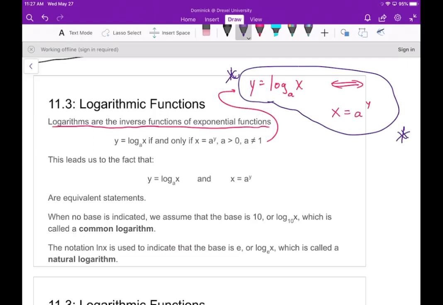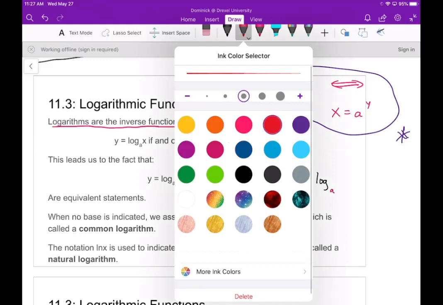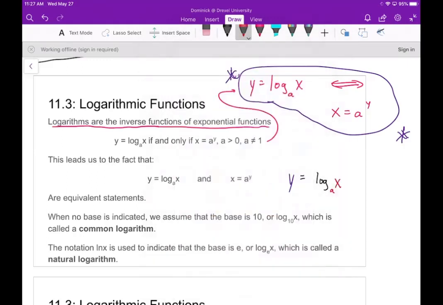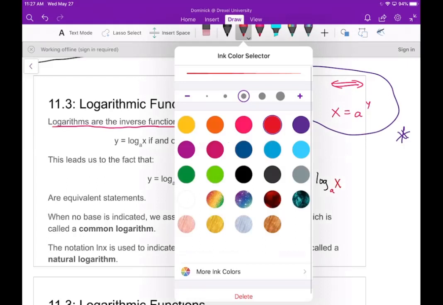And an easy way to think of this is, let's put it this way. I'm going to rewrite it down here, and I'm going to color code. So if I have y is equal to log with base a of x, that looks too similar, let's use this color.